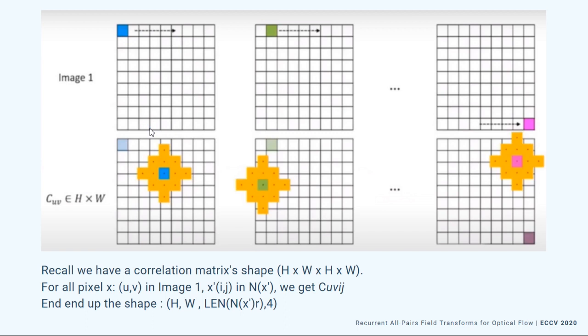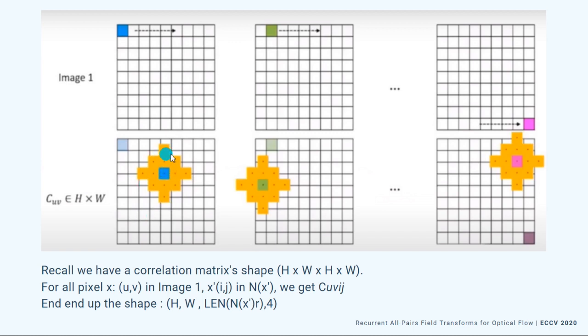So in the left image, let's say we have a pixel with coordinates u and v on the top left in image 1. So we find the correlation response of the pixel in image 2 and then gather the local grid around x prime.